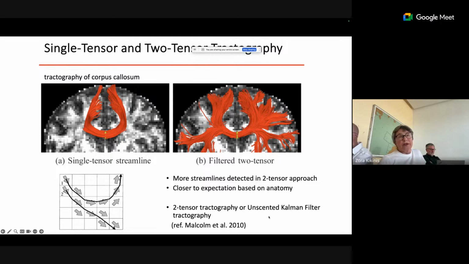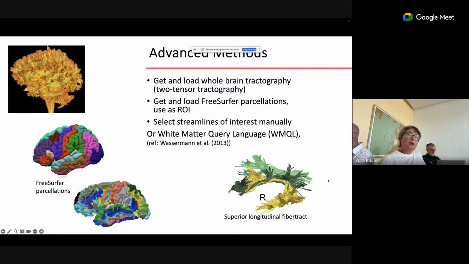The two tensor tractography that we use is called UKF, or Unscented Kalman Filter, that has been developed by Yogesh Rathi at PNL and has been published by Malcolm in 2010. If the tractography doesn't need to be done right away, but we are interested in more tracks, we do this more advanced method.